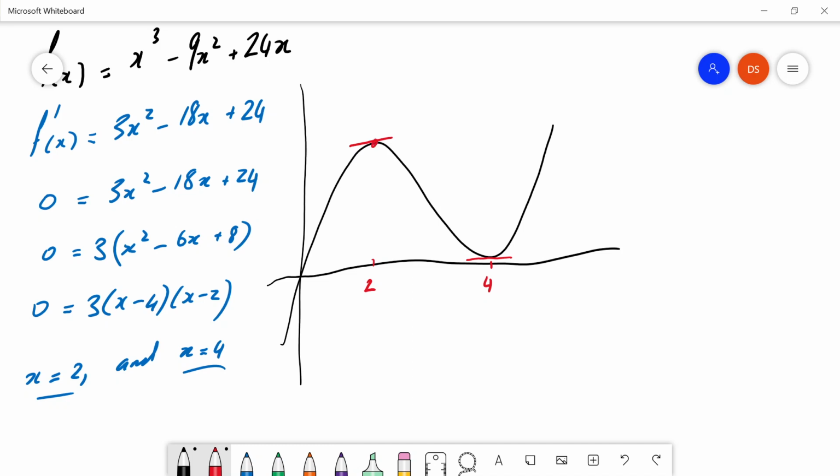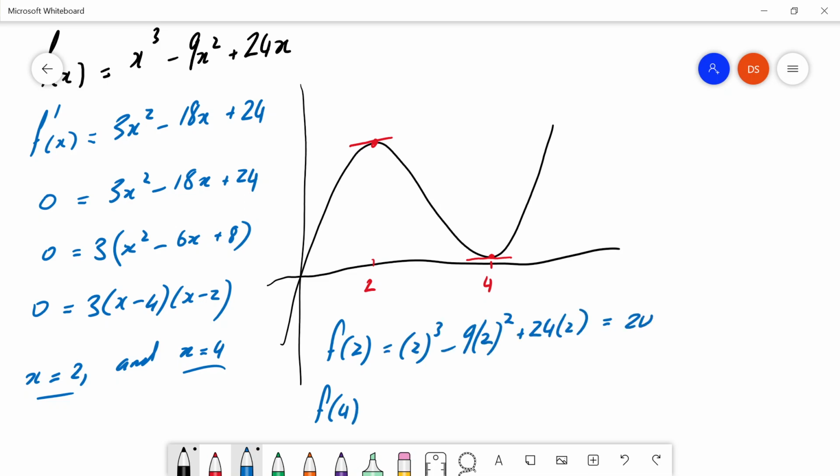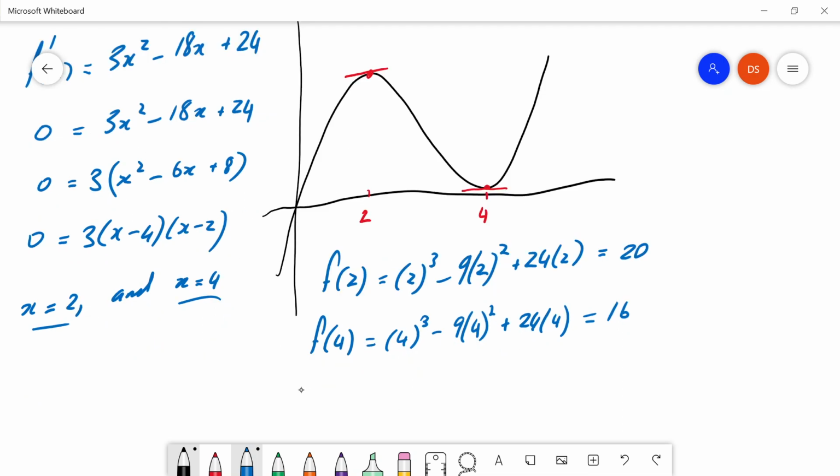Now, can we determine what those coordinates are? Yes, you can. Very easily. All you need to do is find out what f of 2 is for this coordinate and f of 4 is for that coordinate. And so I'm going to just skip a bit of the maths here. The coordinates of these stationary points are (2, 20) and (4, 16).